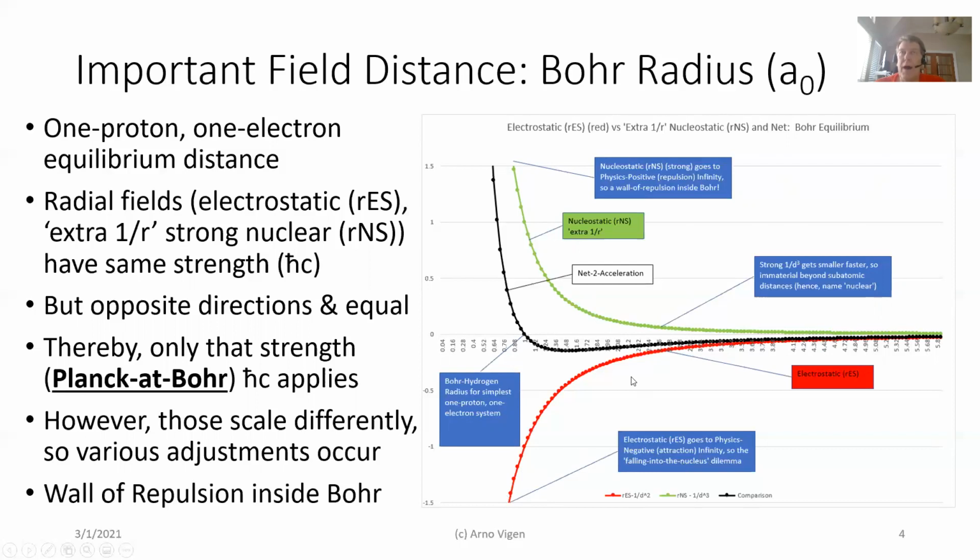However, that 1 over extra r force actually gets bigger faster. That's the funny thing. When you have 1 over distance cubed or 1 over distance squared, that becomes immaterial. The red line here is the difference between the two.